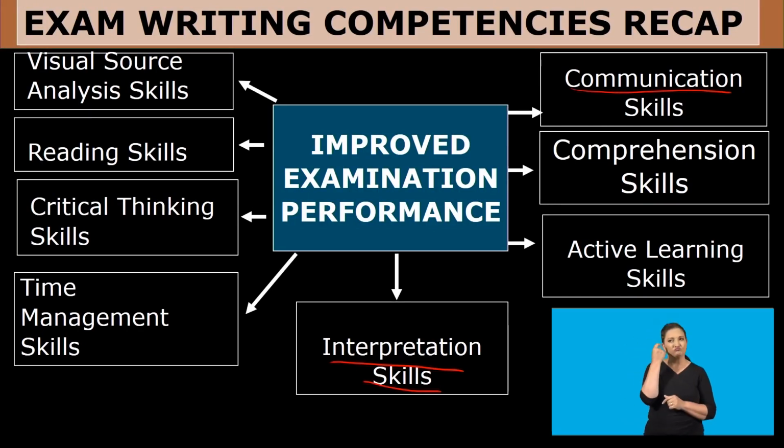Comprehension skills goes with interpreting sources. Active learning, don't just read the source aimlessly. You have to read it actively to make sure that you understand it so that you are able to interpret it. So those are very important exam techniques.